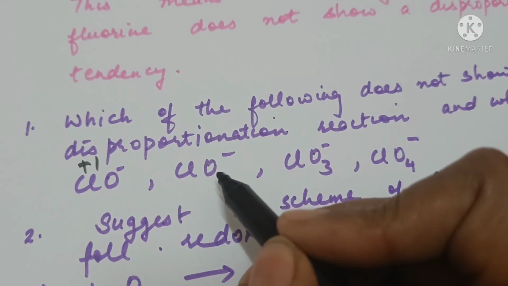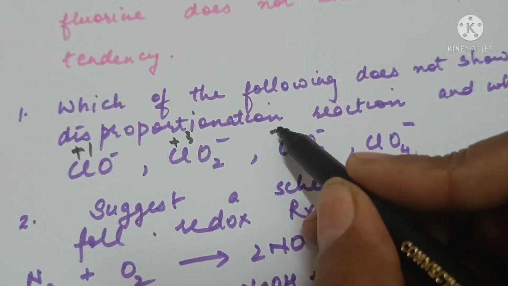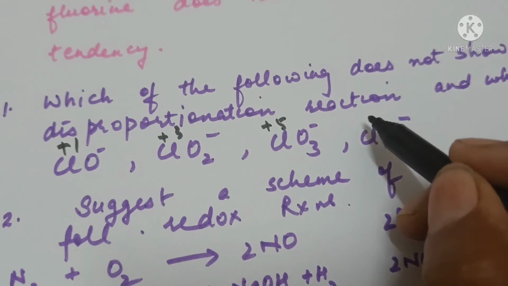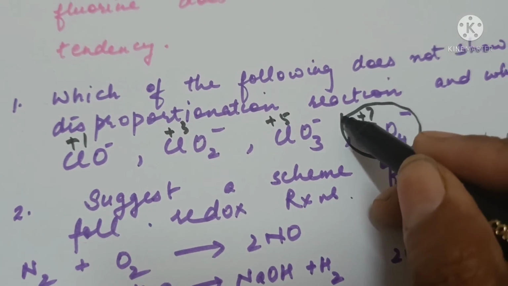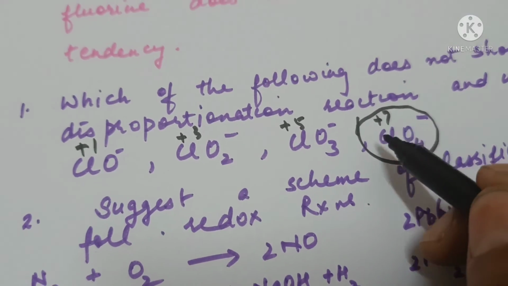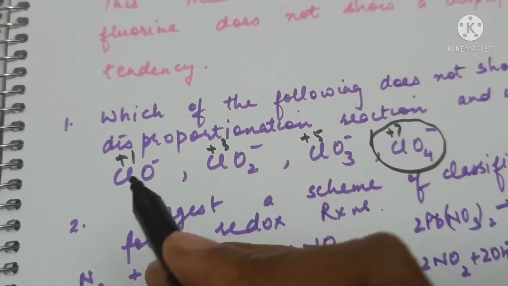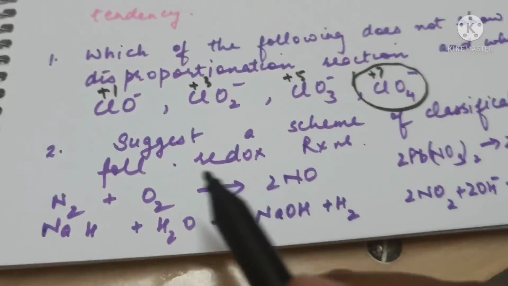In this case, it is +3. In this case, it's +5. And in this case, it's +7. So this is the species which will not undergo disproportionation reaction because it can only be reduced. We cannot oxidize it further. Others can be oxidized as well as reduced simultaneously.